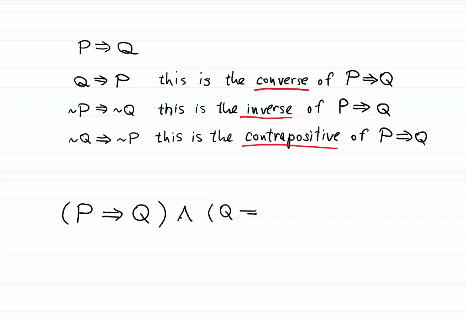So that means you have a conditional statement and also its converse. That's called a biconditional because it's two conditional statements put together. Okay, and there's a single symbol that can accomplish all of that, and it is a double-headed double arrow like this.